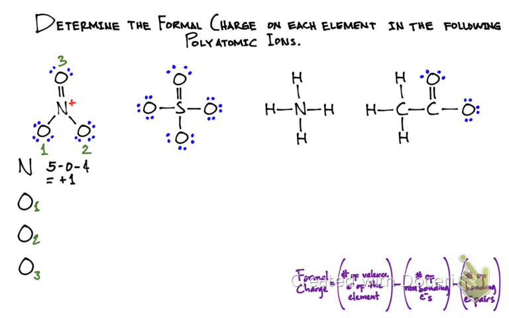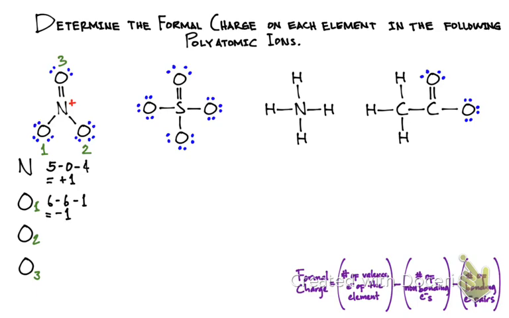All right, for oxygen 1, the first oxygen at the bottom here, oxygen has 6 valence electrons, and it has 6 non-bonding electrons and 1 bonding pair. So 6 minus 6 minus 1 gives us negative 1.